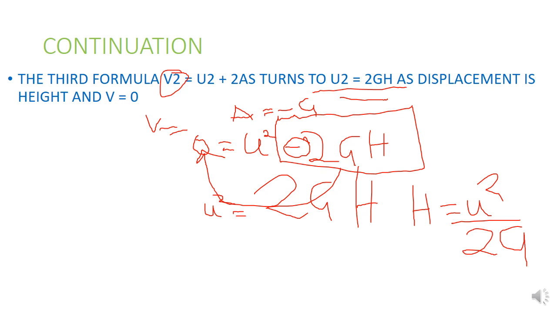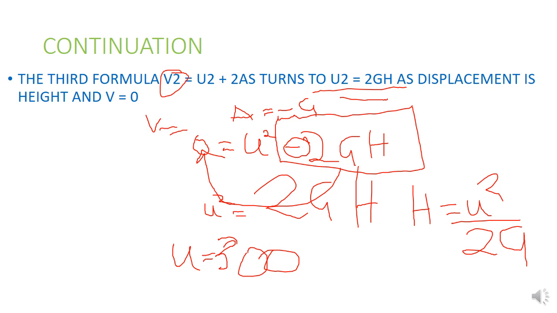For example, if we refer to our past example where u was equal to 300, the bullet example, 300 meters per second.